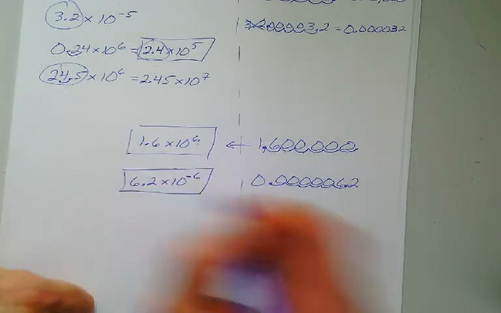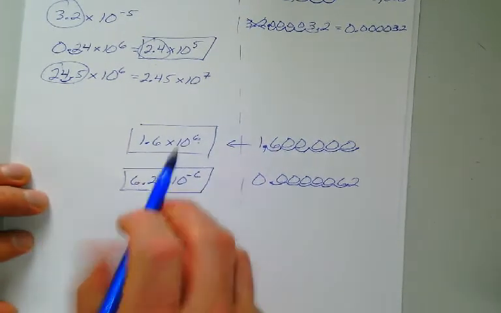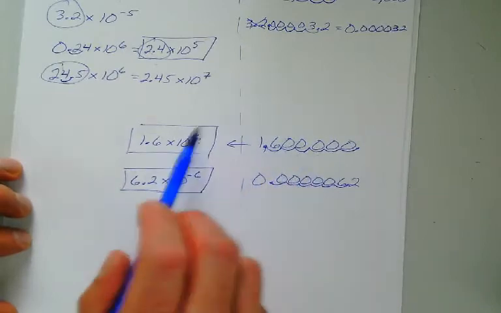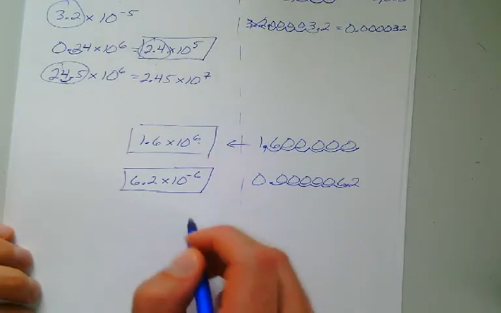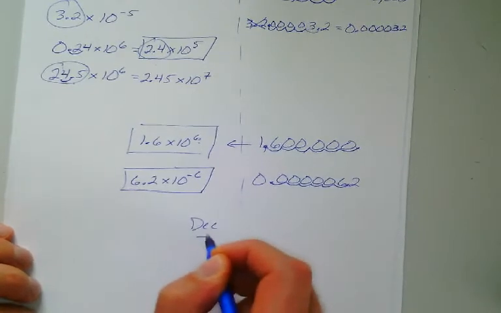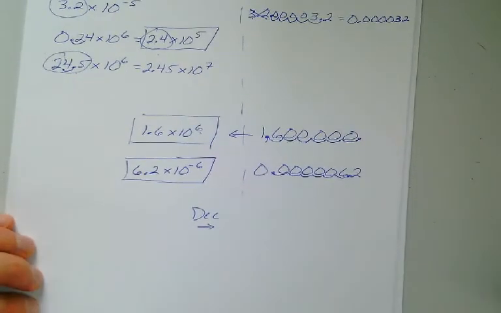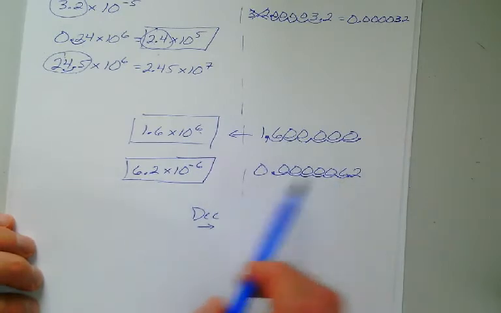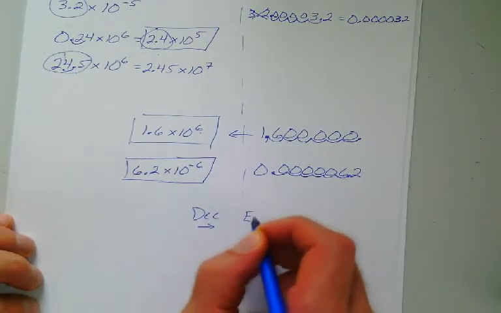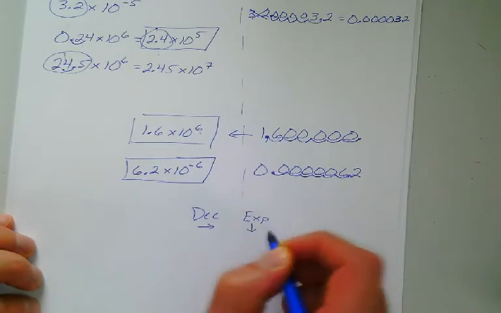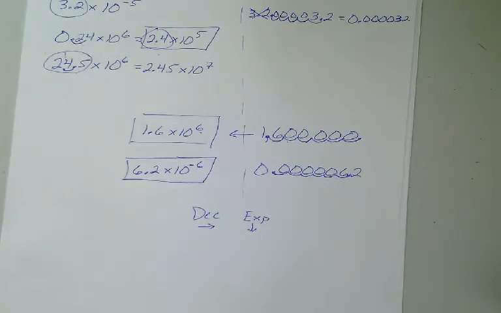So that's the basics of converting back and forth between standard and scientific notation. A good rule of thumb is that if you have to move the decimal right, like I did in this case, my exponent is going to go down, so it could be a negative exponent.